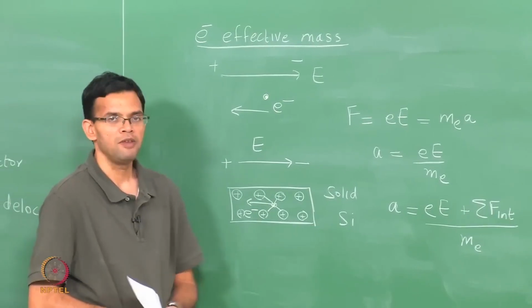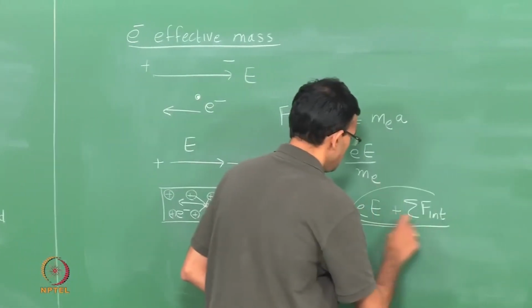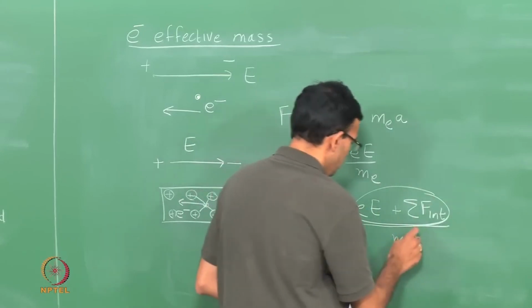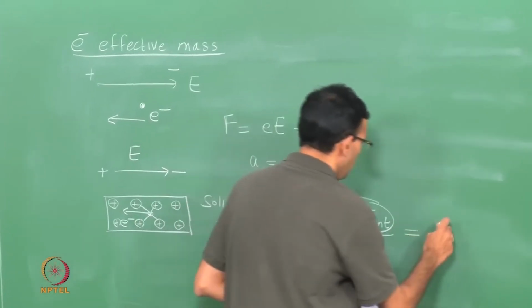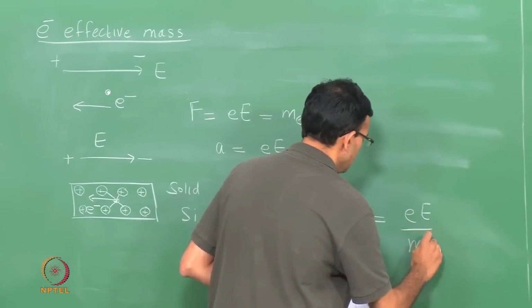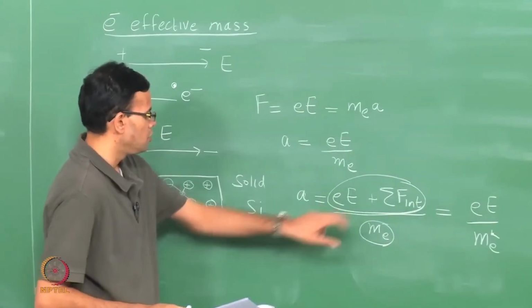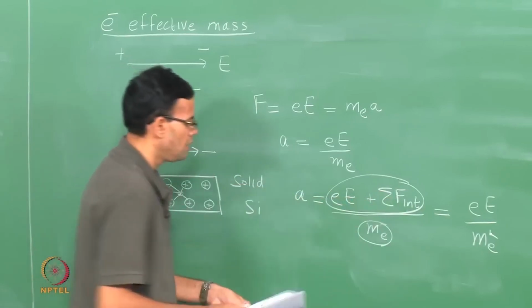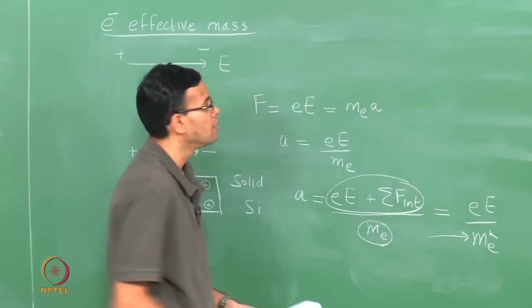In order to simplify this picture, we replace this expression with this ME by another term which we call the effective mass. So, this F internal and ME are replaced by this term ME star.